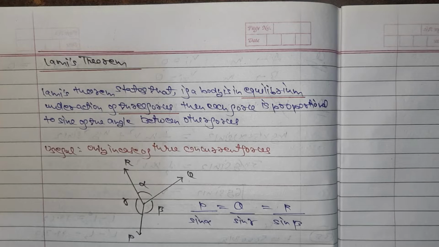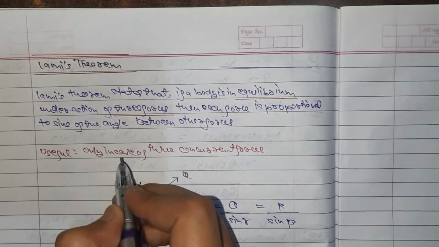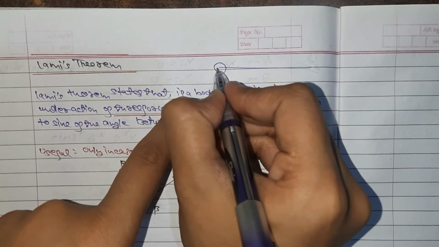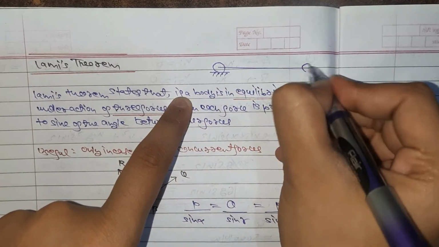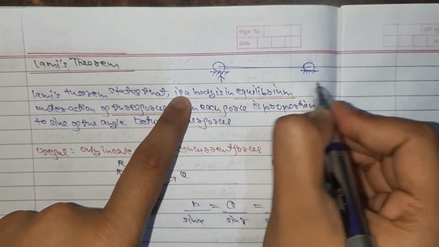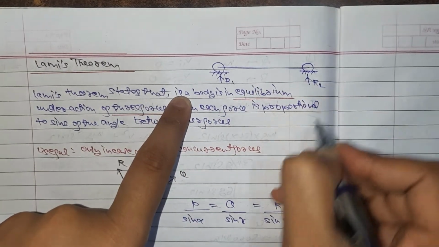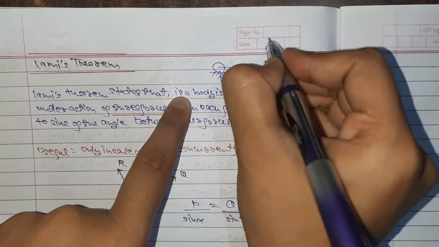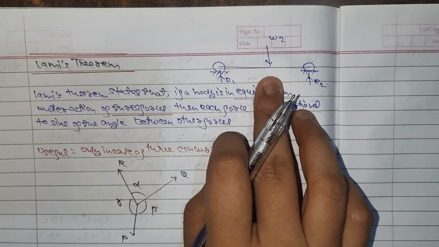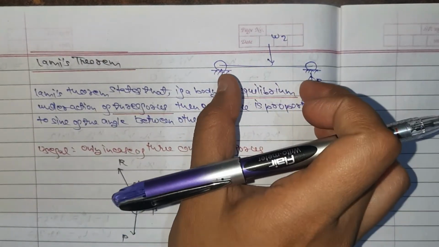Guys, just think of a simply supported beam. You are given a simply supported beam, and you know we have supports. If we have supports, then of course we are going to have reaction forces as well, R1 and R2. And let's say there is a weight acting over the midsection of the beam.